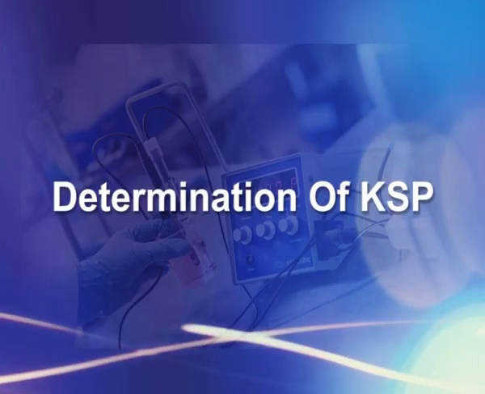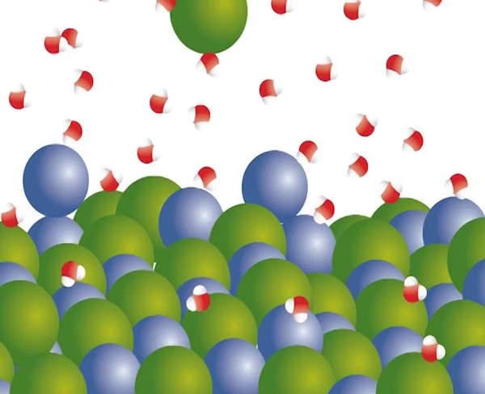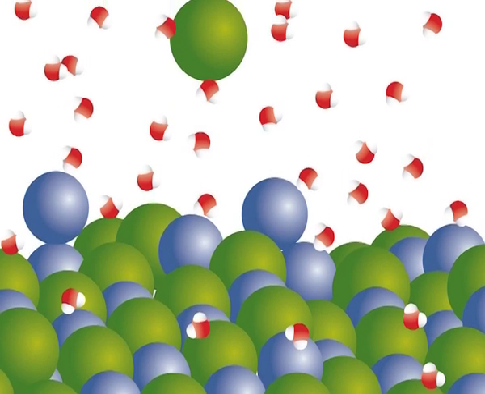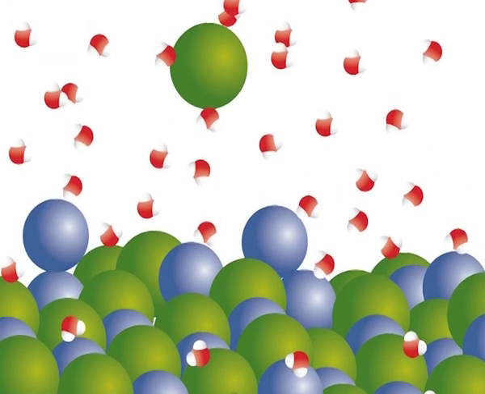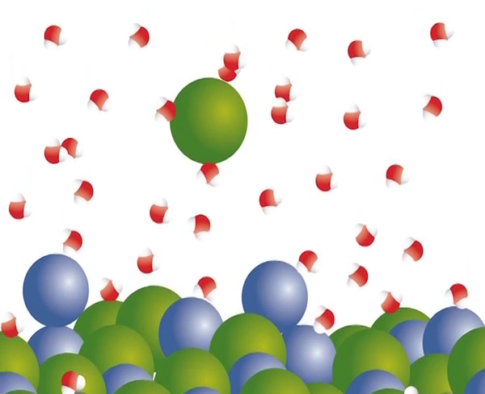Determination of Ksp. The solubility product constant is a simplified equilibrium constant, that is Ksp, defined for equilibrium between a solid and its respective ions in a solution. Its value indicates the degree to which a compound dissociates in water.